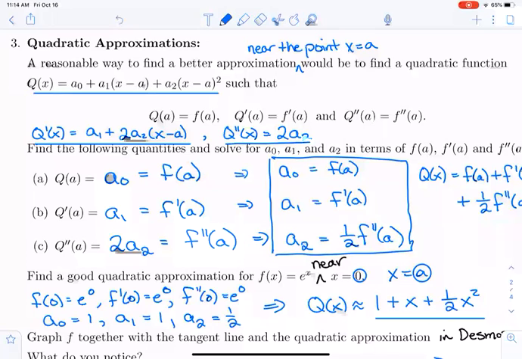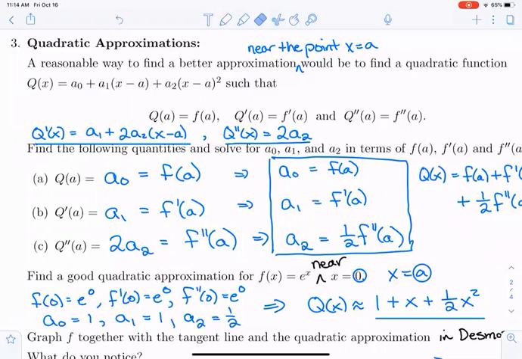So last time we worked through the conditions that would make this quadratic function and its derivatives match at x equals a. And from that, we were able to solve for these coefficients.